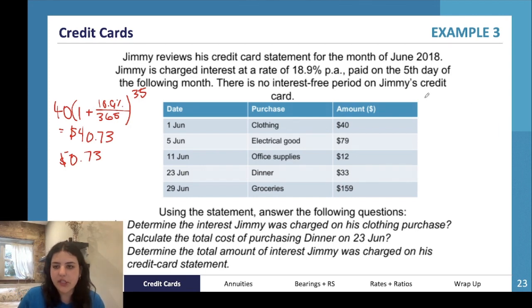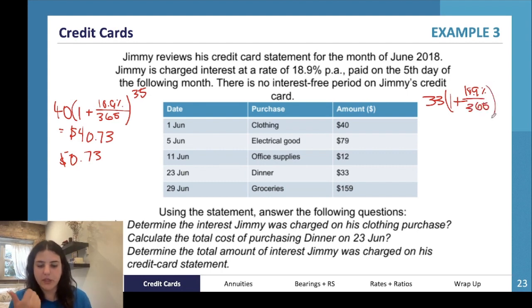Calculate the total cost of purchasing dinner on the 23rd of June. So dinner is going to cost $33. It is 1 plus 18.9% over 365. And we need to count from the 23rd to the 5th of July: 23rd, 24th, 25th, 26th, 27th, 28th, 29th, 30th, 1st, 2nd, 3rd, 4th, 5th. So that's 13 days.